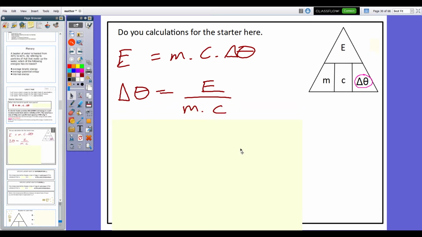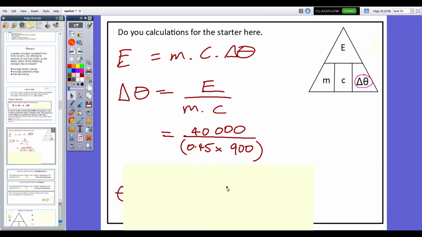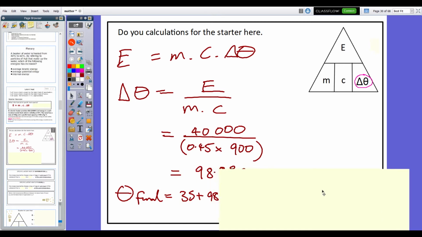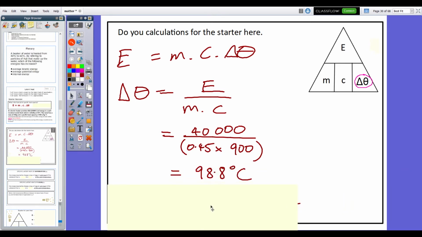Now we just need to put our numbers in from the previous question. 40,000 was the energy. The mass was 450 grams. Remember, we've got to change that to 0.45. 900. And that gives a solution of 98.8.